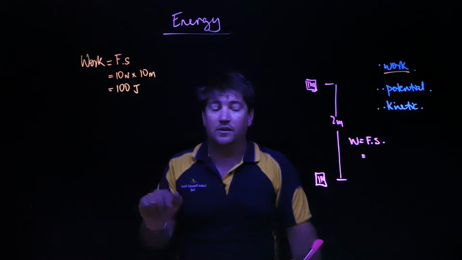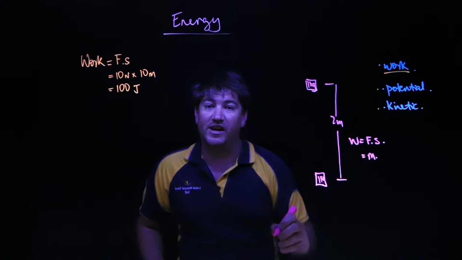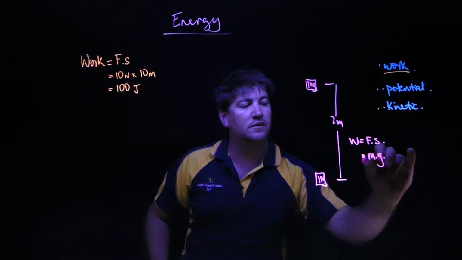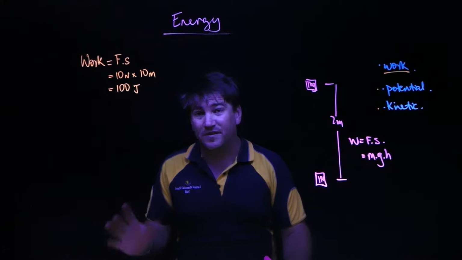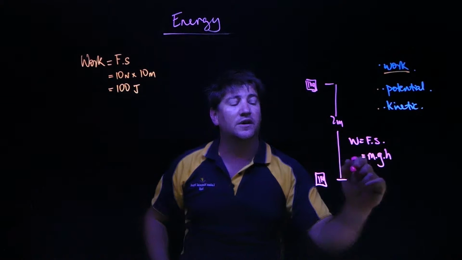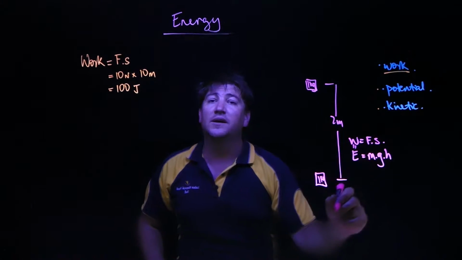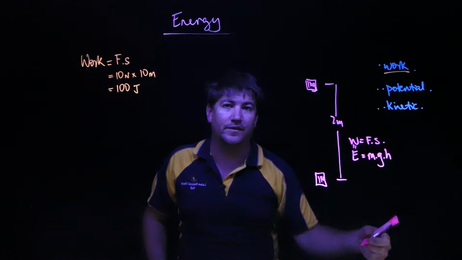So Newton's second law, F equals ma. We're going to use g for gravity. And this specific version of s, the distance, we're actually going to say is the height that we've moved it through. So the work, or the energy, work is energy, is mgh, mass times gravity times height.